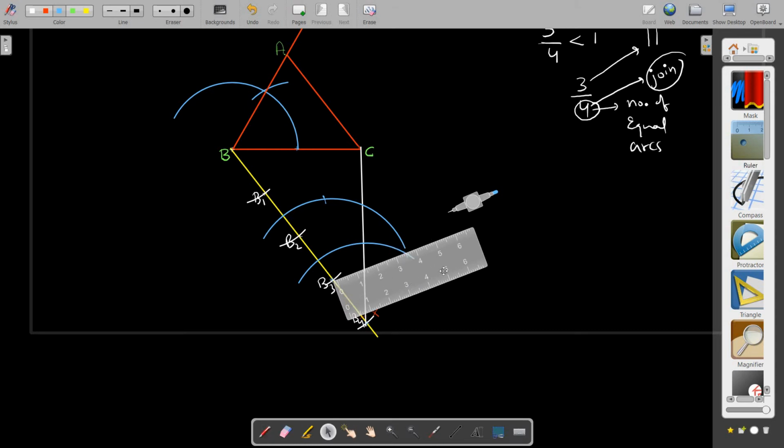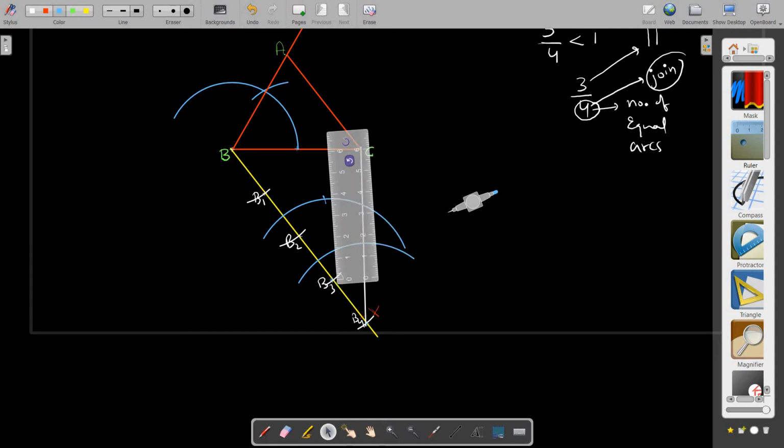So I'll place the scale between B3 and the point of intersection of arcs. Okay, and we have to draw a line up to line segment BC. So B3 to the point of intersection of arcs, and we go up to the BC line. Yes.